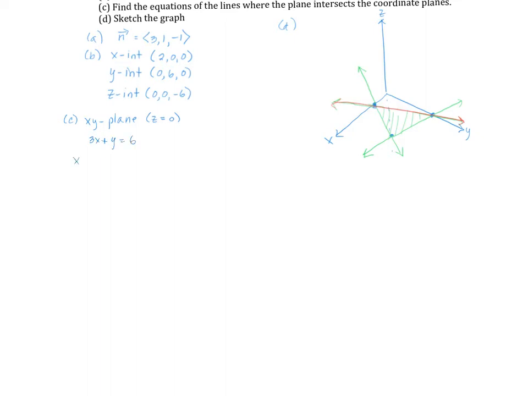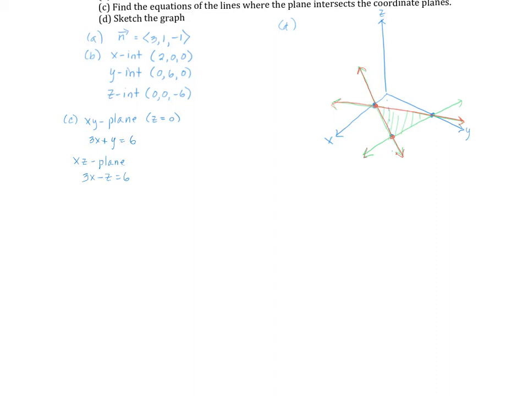Now if I look at the xz plane, what I'm looking at is the x and the z intercept. So this line here that I'm tracing, I'm simply going to let y equal 0, and that gives me 3x minus z equal to 6.